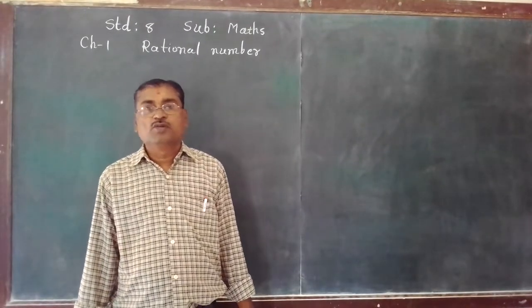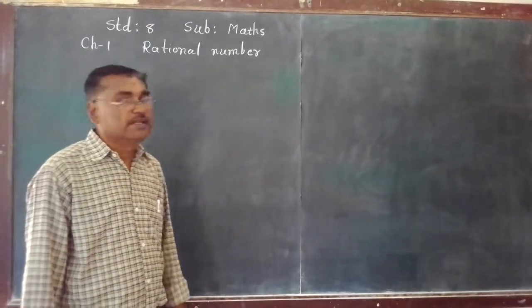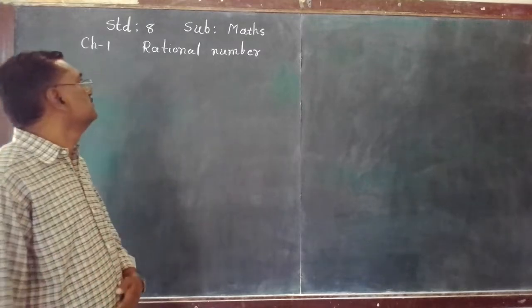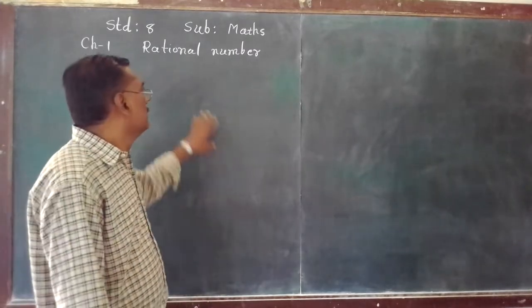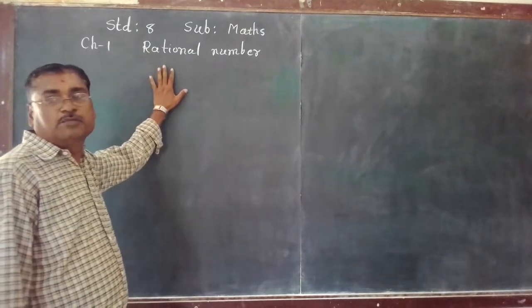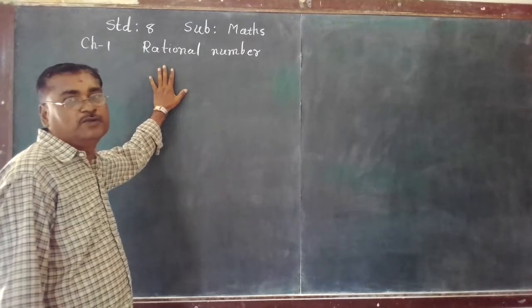Hello, good morning friends. Today we are starting new chapters. Chapter 1, rational numbers. Before going to rational numbers, we are going to look at the different numbers we have.